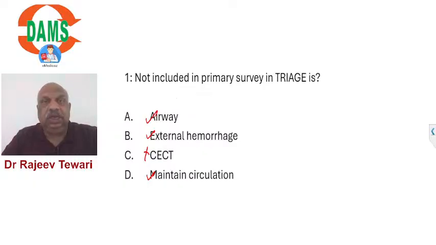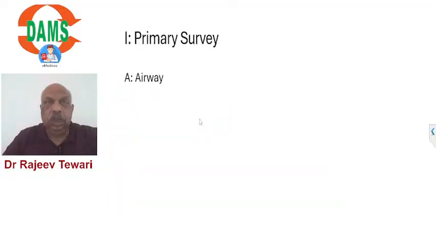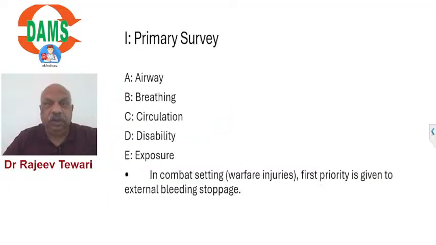Because adjunct is not the option here, only primary survey it says, so I'll not keep CT here. CT comes in secondary survey. So, in primary survey, these are the 5 things you do. And in warfare injuries, we give first priority to external bleeding.